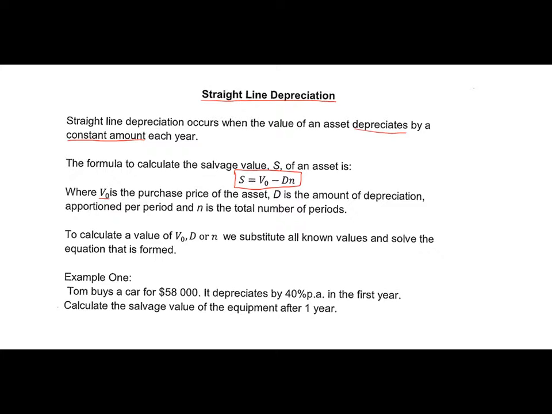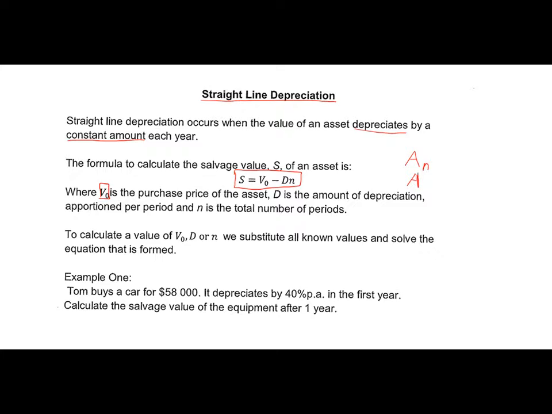V naught is the purchase price of the asset. Why do we use V naught? Well, it's the value when the time is naught. You may remember from compound interest, we said the value of something after n time periods was A to the n. So this is a kind of example of that. It's after no time has elapsed, it's right at the start, so it's kind of the equivalent to an A naught.